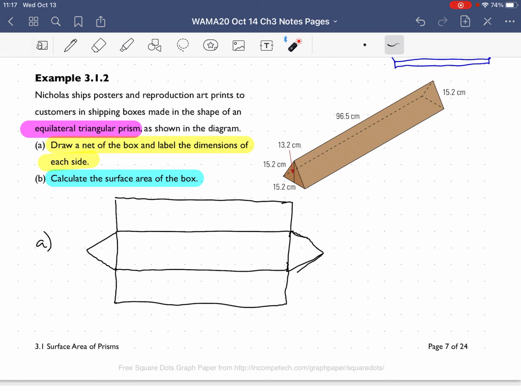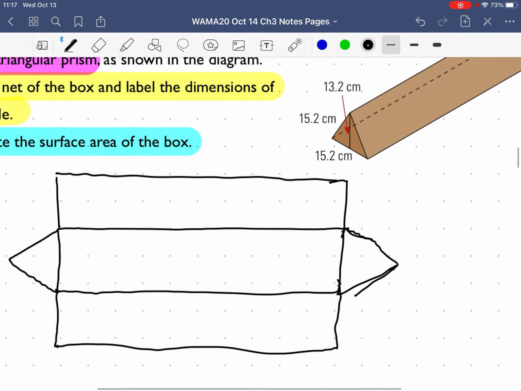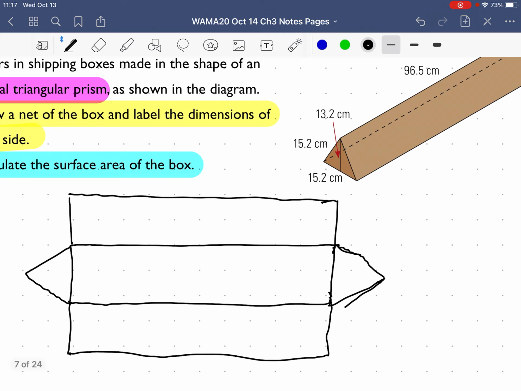Now this is an equilateral triangle. That means all of these rectangles, this rectangle, and this rectangle will all be the same size. So let's now dimension it. This is 15.2 centimeters right here. This is also 15.2 centimeters. And so is this third one, 15.2 centimeters.